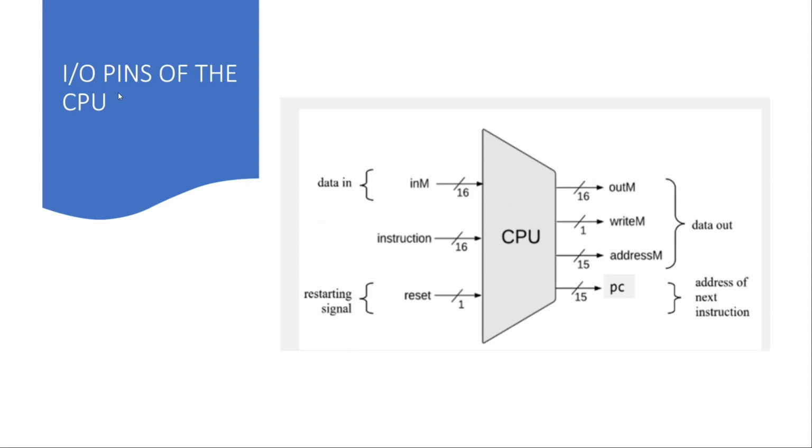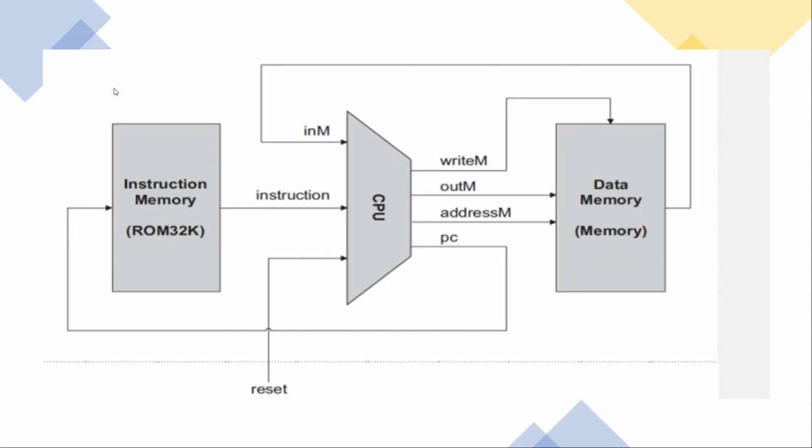Our CPU will give out write M, out M, address M, and PC. In our CPU, we can see that our ALU will give an output, which will return back to the data memory. But for this, ALU must specify the content that our CPU is going to write in data memory, which is stored in outM.